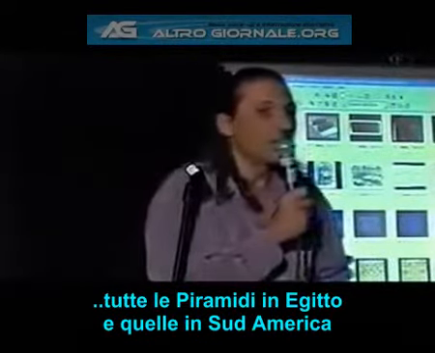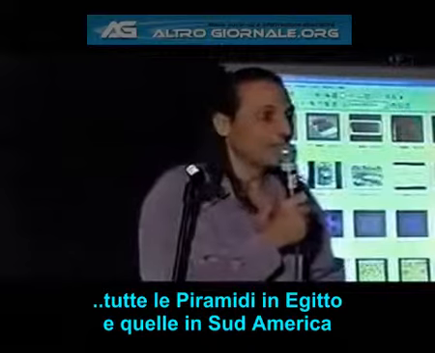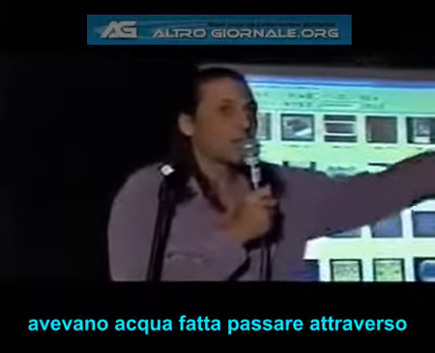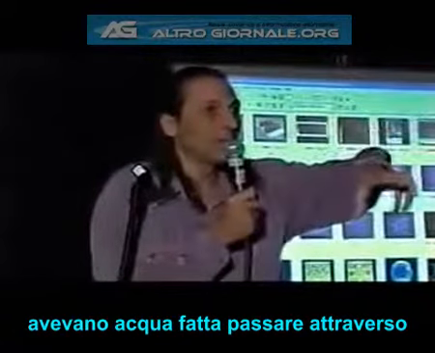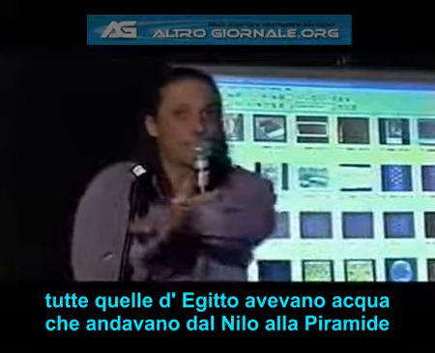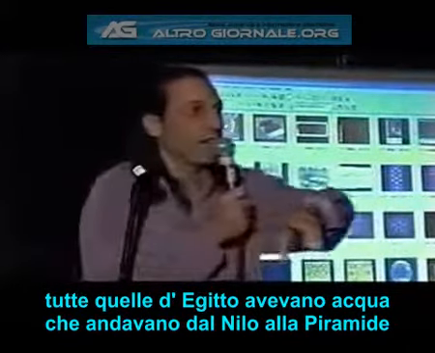You see? And so I was very excited, because then I realized that all of the pyramids in Egypt, including the pyramids in South America and Mexico, had waterways that were diverted to go through them. All the pyramids of Egypt had waterways going from the Nile into the pyramid.